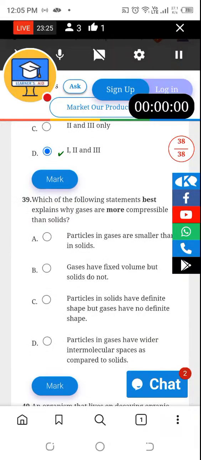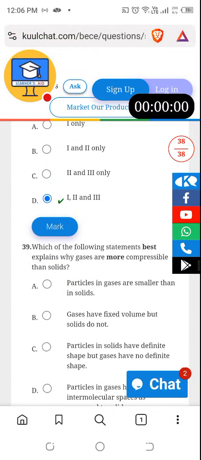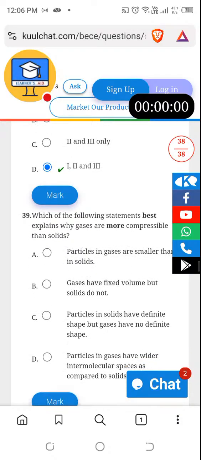Gases are more compressible than solids. The first option is particles in gases are smaller than in solids. No, gases have fixed volume, but solids do not.